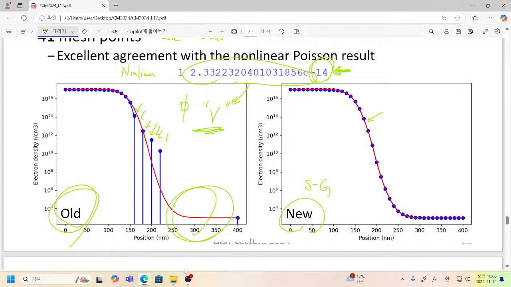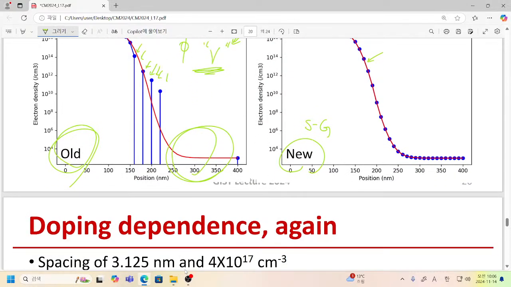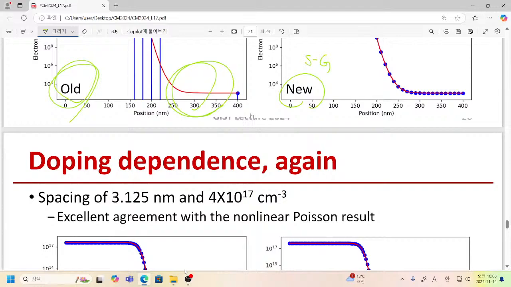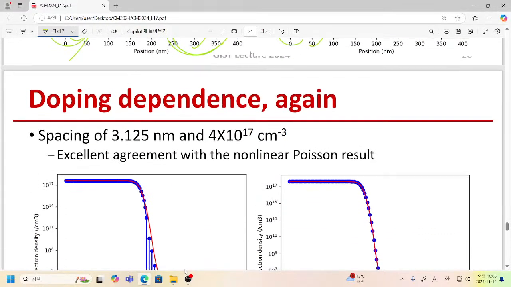It means that the potential update is just 10 to the minus 14 volt. About 20 femtovolt difference is obtained in our new Scharfetter-Gummel scheme. So virtually the solution is already given. So the Scharfetter-Gummel scheme can recover the nonlinear Poisson equation exactly.